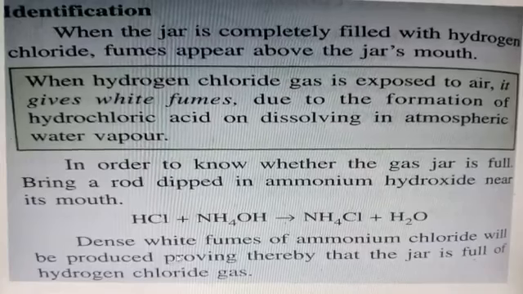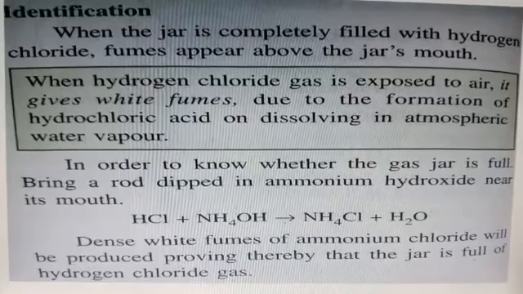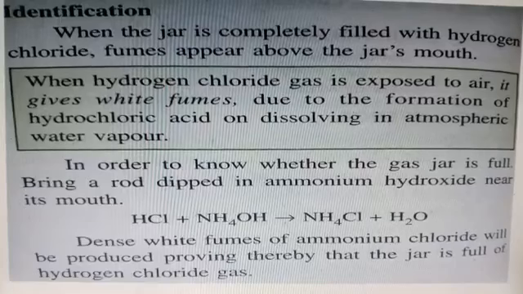The other, very reliable way to prove that the gas is hydrogen chloride gas is by bringing a rod dipped in ammonium hydroxide near its mouth. We see very dense white fumes of ammonium chloride, and then we can prove that the jar is full of hydrogen chloride gas.